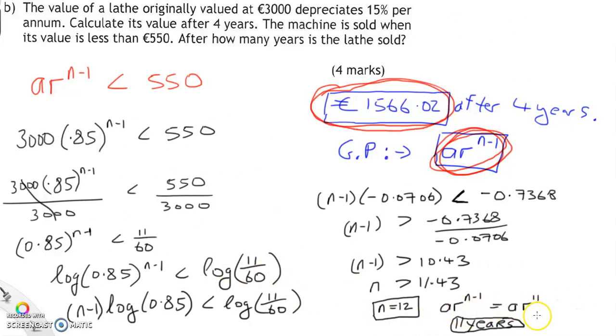Sorry about the wee mess here, but if we keep A as 3000, R is 0.85, and work out this little calculation here, you'll get approximately 502 and change, right? Something like that. So the answer is 11 years. It's a bit sloppy, but hopefully you get the idea.